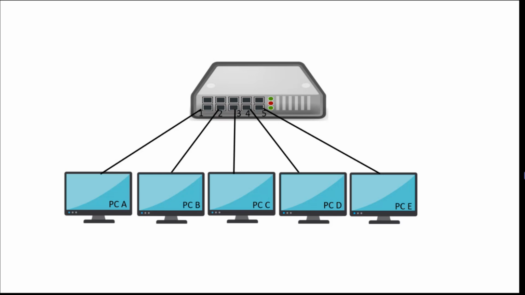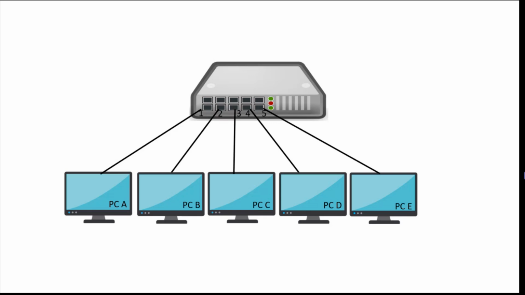This automatic process of updating the MAC address table is known as the address learning process. In this way, the switch learns all MAC addresses of the connected PCs against the respective port numbers.